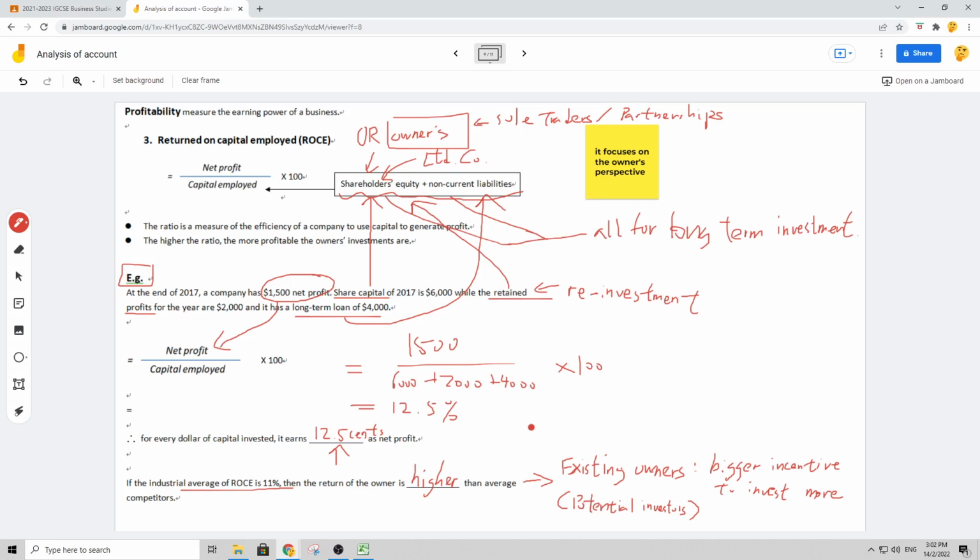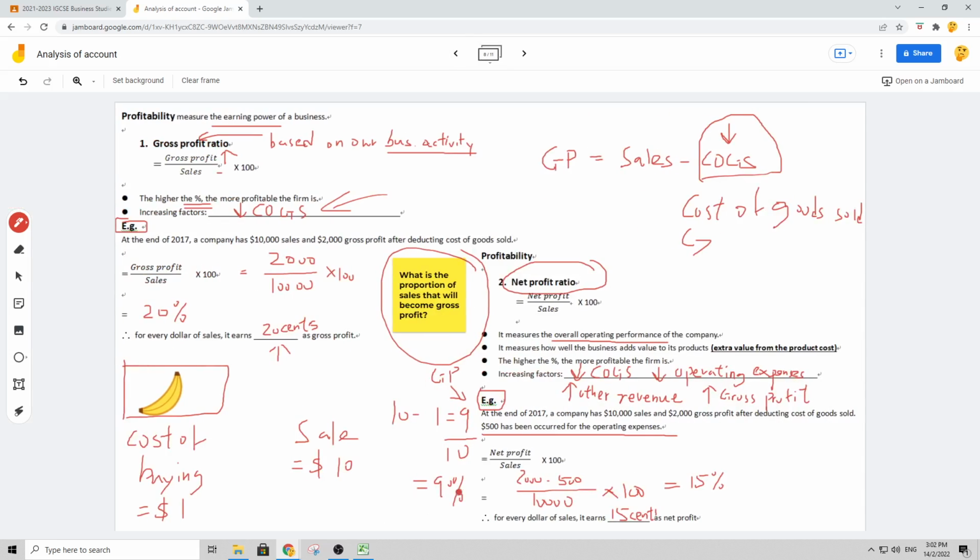Okay, that's nice. Before I give you a break, if you go back to the GP ratio and net profit ratio, you can definitely tell the net profit ratio is usually lower than the gross profit ratio, because you also subtract the operating expenses.